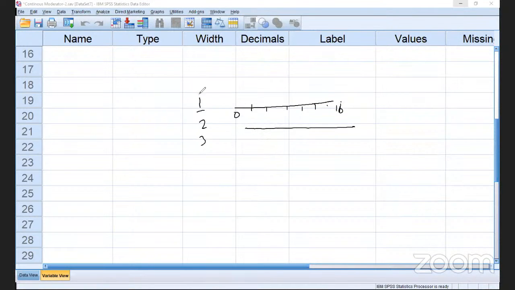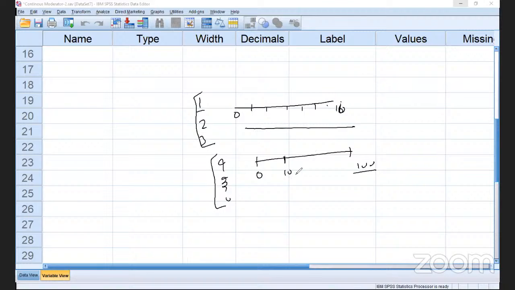But if one scale is in a different form from another, for example three questions use 1 to 10 and the other three, questions 4, 5, 6, use 0 to 100, then in this case we should standardize our questions.